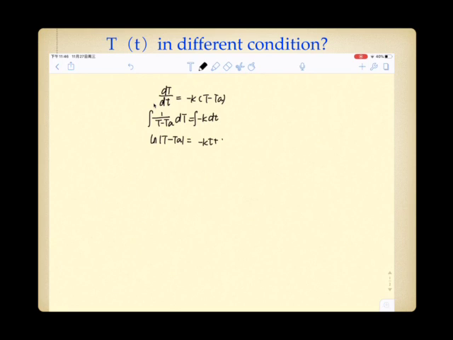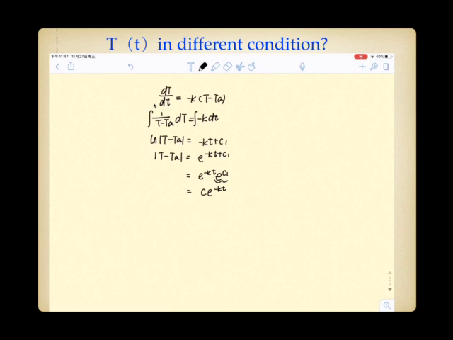And solving the natural log, we can get the absolute value of T minus Ta equals e to the power of minus kt plus c1. And we can write e to the power of c1 as the constant c, to get the result, c times e to the power of minus kt.